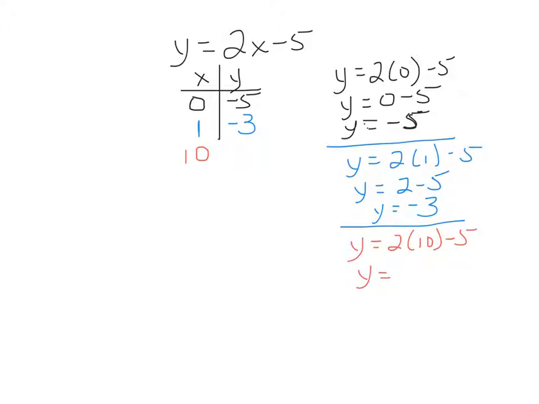So I get y equals 20 minus 5, which means that y would be equal to 15. So another ordered pair that would work would be, if x is equal to 10, y would have to equal 15. Notice once again, there are all sorts of possible answers that you could give when you have two variable equations.